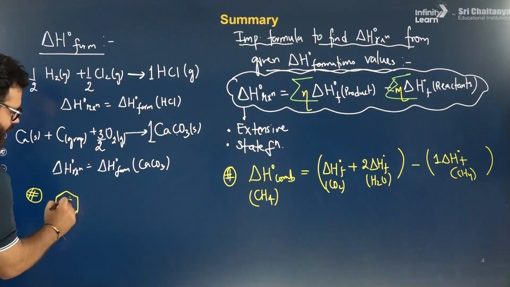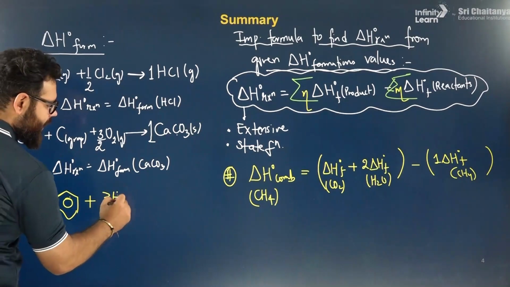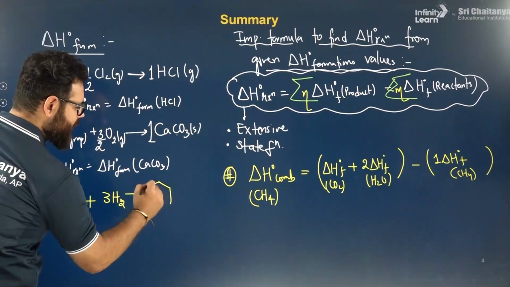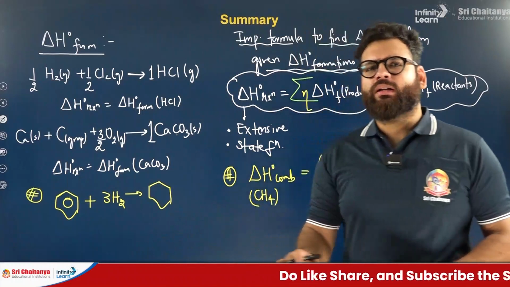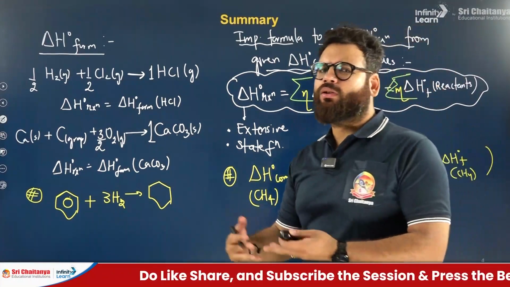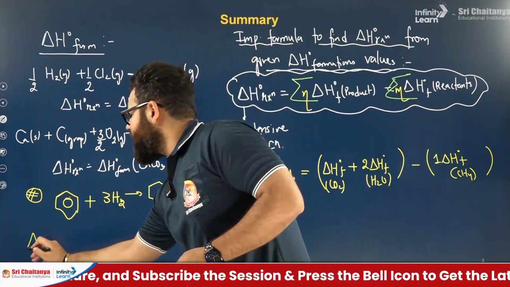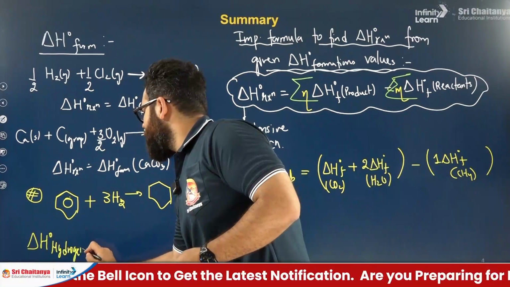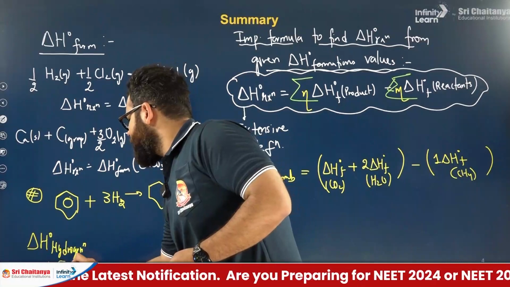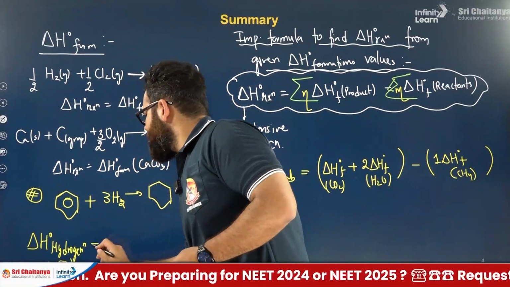This is benzene, 1 mole of benzene. I added 3 moles of hydrogen here. It became cyclohexane. This particular reaction can be called as what? In other terms, you can call it as hydrogenation of benzene. So I can say delta H hydrogenation of benzene is what?